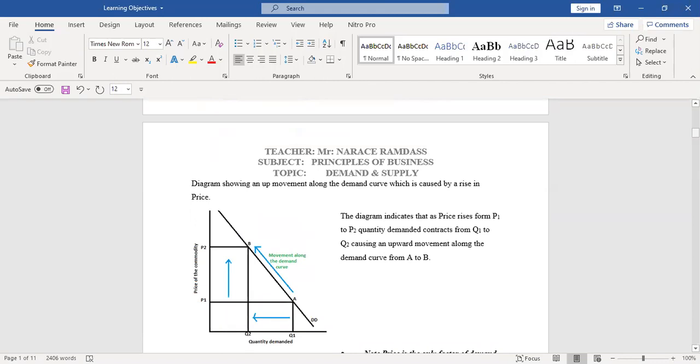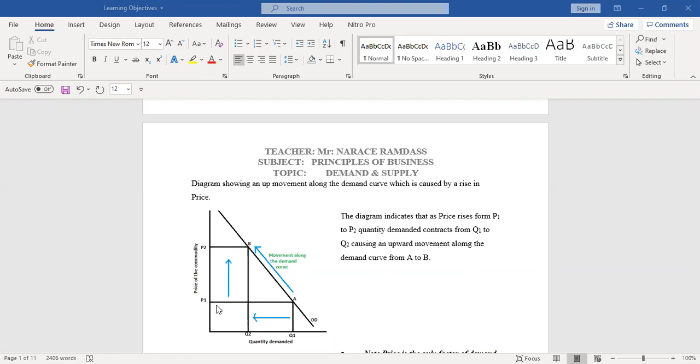So, diagram showing an upward movement along the demand curve, which is caused by a rise in price. So you're looking at your demand curve here again, and you're seeing it sloping downward from left to right. The demand curve is labeled DD, right? The original price is P1. And it rises from P1 to P2. Good?